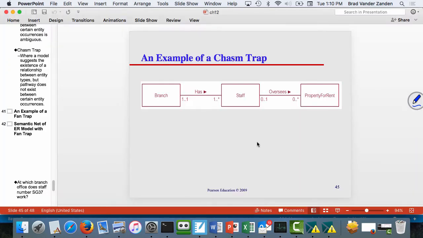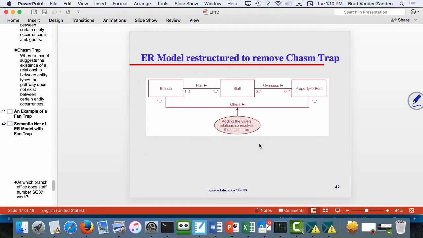And the answer to that problem is to add an explicit link from branch to property for rent. So now every property for rent will include the branch that is offering it. So not only will it have the staff member overseeing it, but it will have the branch that offers it as well, and therefore we're able to answer the query.